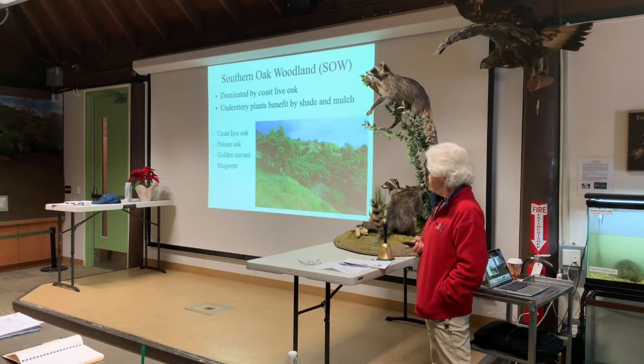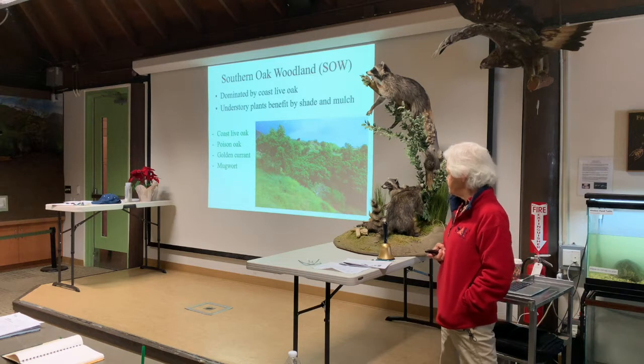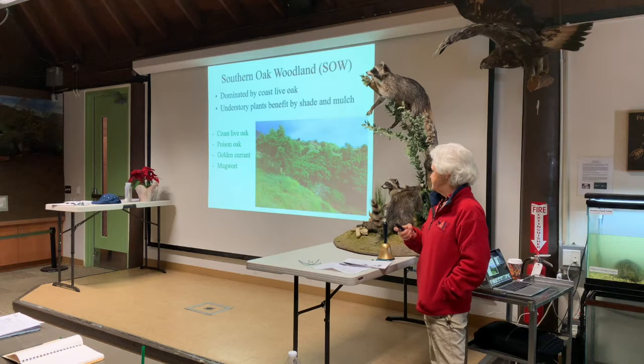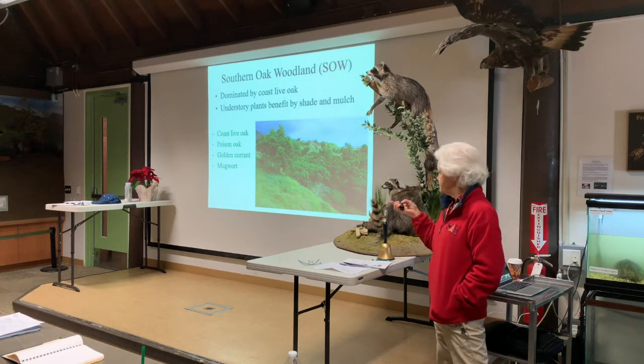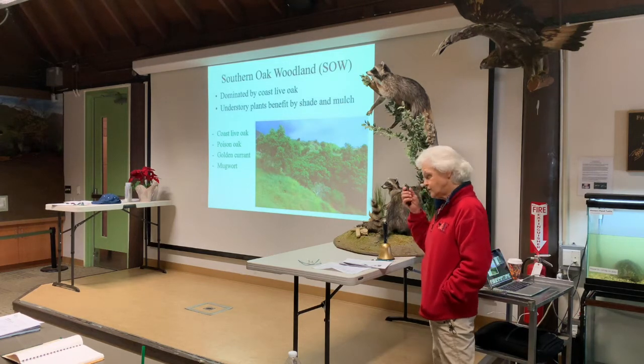So the main big trees, the coast live oak, and underneath we find poison oak, golden fern, mugwort, and many others, but these are the main ones. If you know these, you're good.